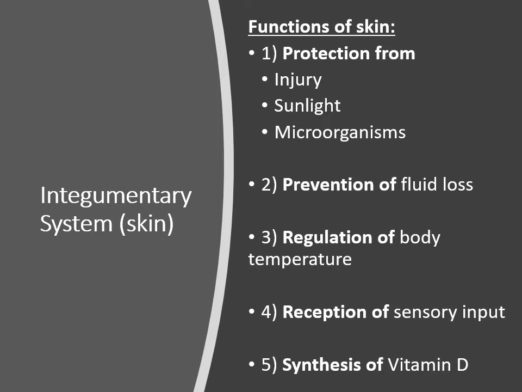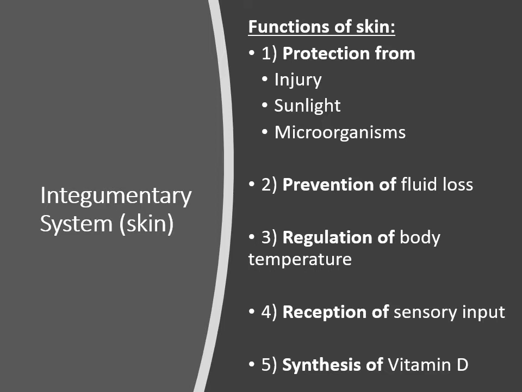And lastly, synthesis of vitamin D. So in the setting of sunlight, and typically we only need about 20 to 30 minutes of sunlight per day to produce enough vitamin D in our skin. So the vitamin D that we produce in our skin is inactive vitamin D. It's called cholecalciferol.